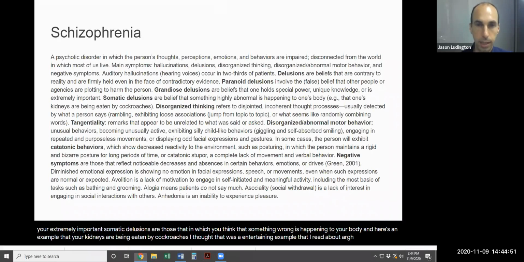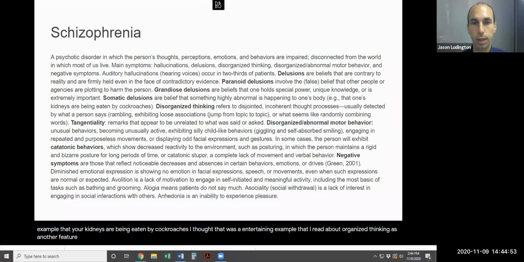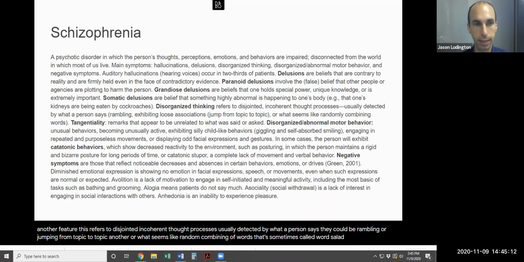Disorganized thinking is another feature. This refers to disjointed, incoherent thought processes, usually detected by what a person says. They could be rambling or jumping from topic to topic. Another is what seems like random combining of words. That's sometimes called word salad.